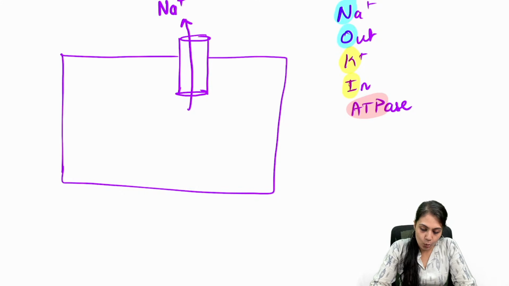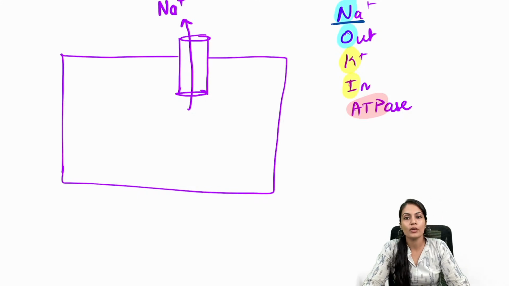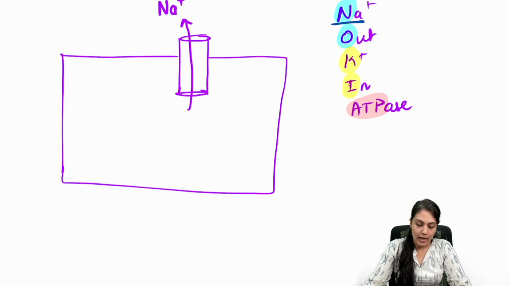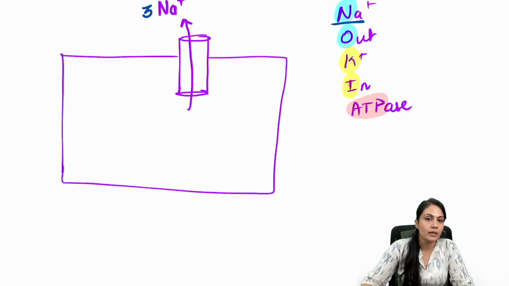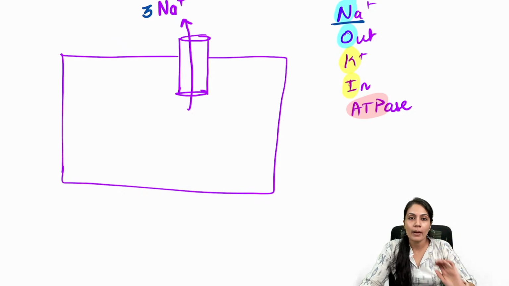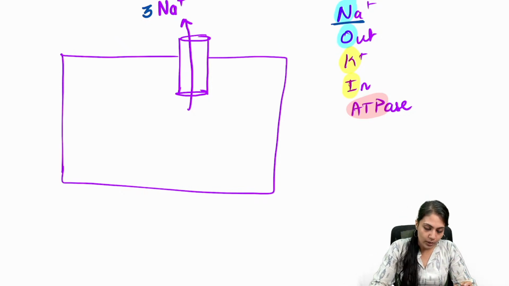And how many sodium does it throw out? Carefully see that there are 2 letters in the symbol of sodium, Na. Just add 1 to it. It becomes 3. So it throws 3 sodium out. What about the potassium? It is going to come inside.